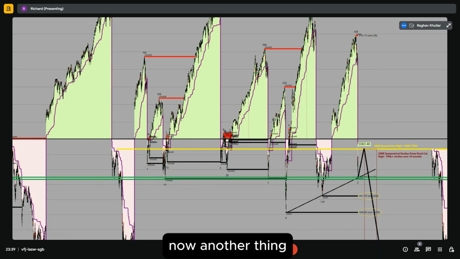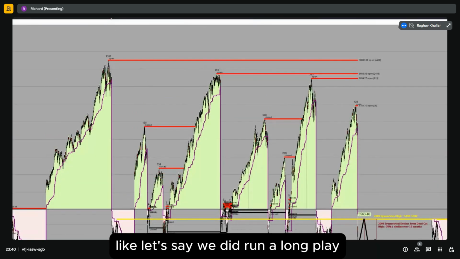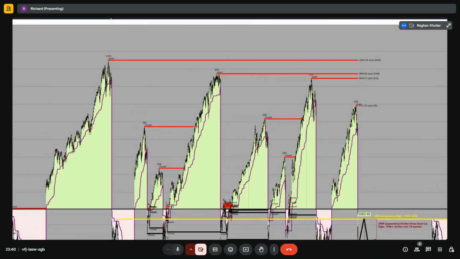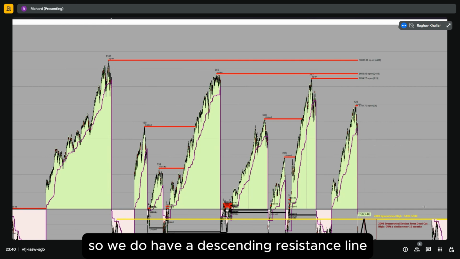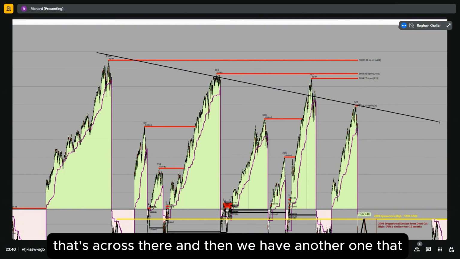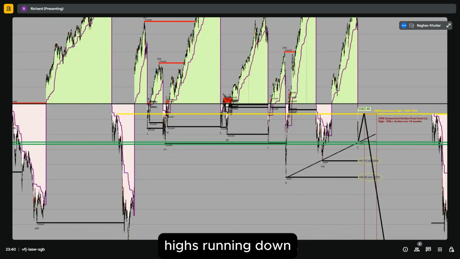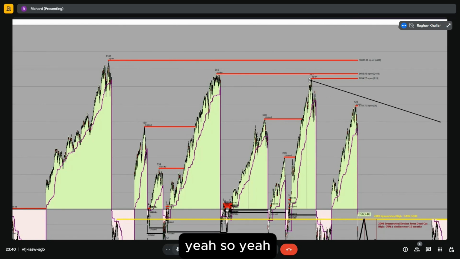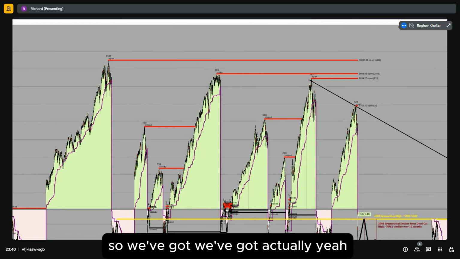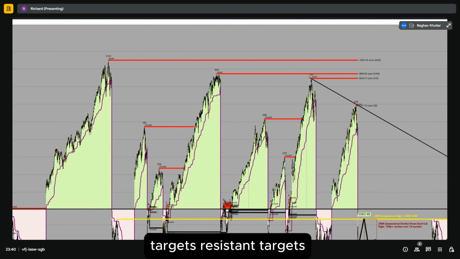Now, another thing that we can see on the graph is these prior highs. Let's say we did run a long play. We do have a descending resistance line that is starting across there. And then we have another one that goes from our two most recent highs, running down. Yeah, so we've got two of them, resistive targets.